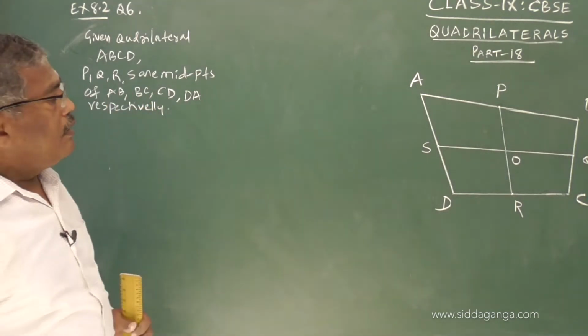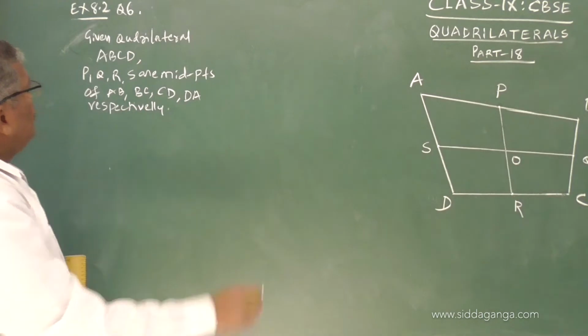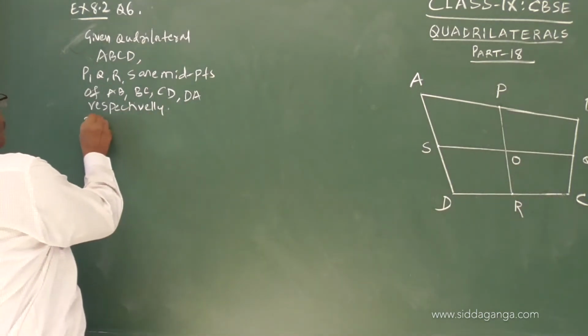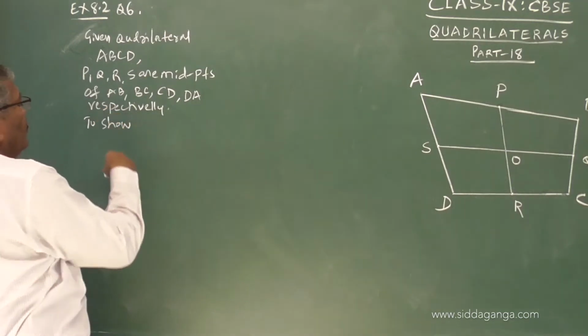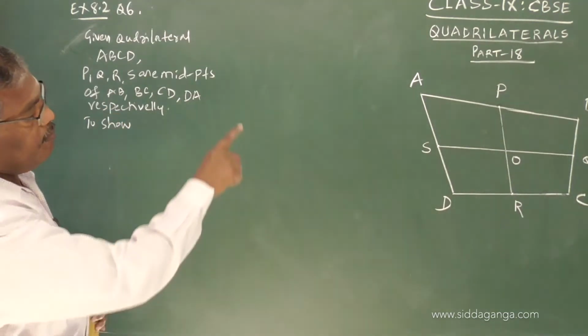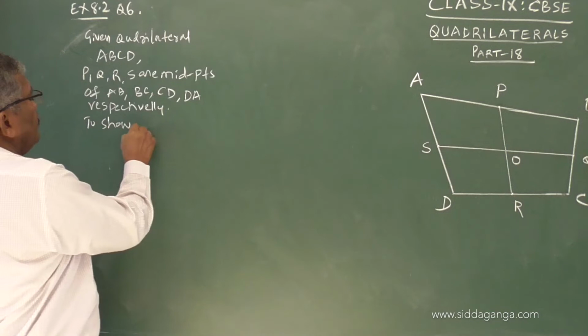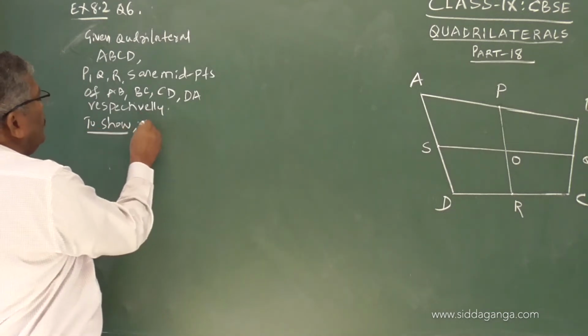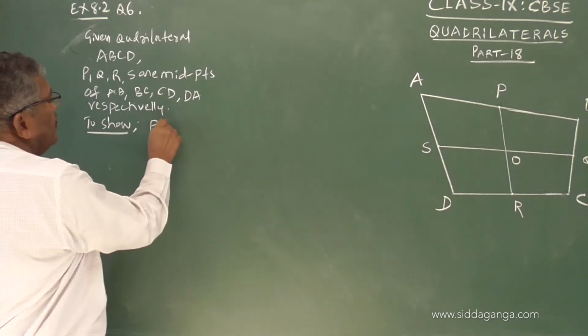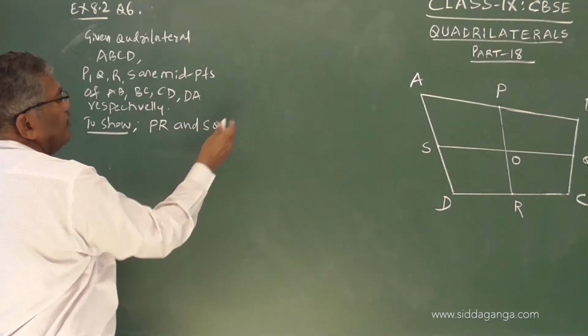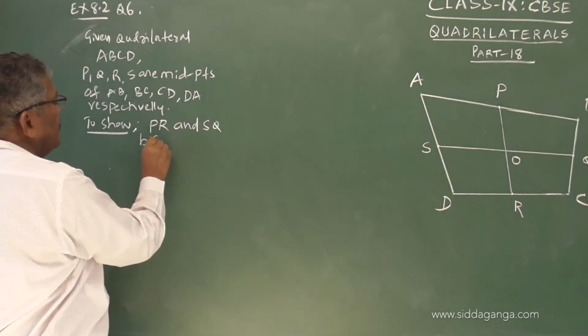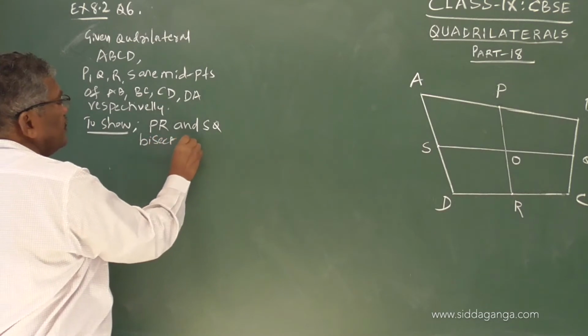Now, to show PR and SQ bisect each other.